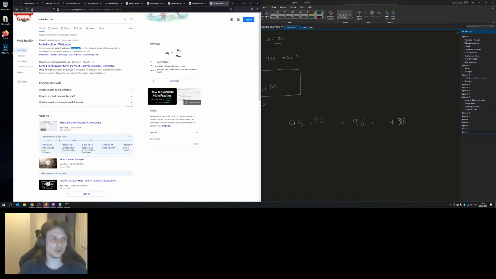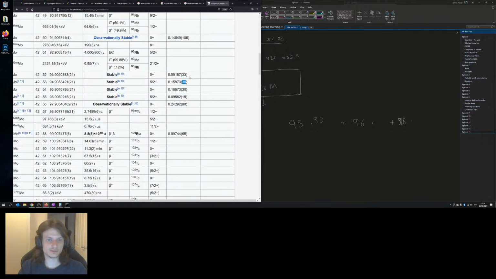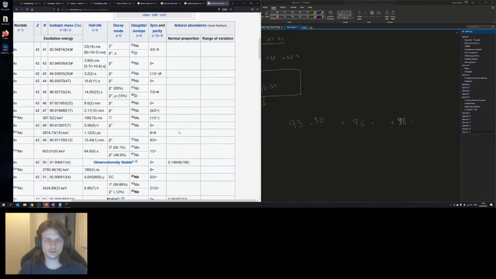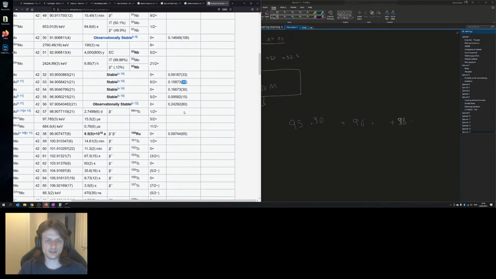A mole fraction or molar fraction is defined as a unit of the amount of a constituent expressed in moles. The mole fraction is equal to the amount of constituent in moles over the total amount of all constituents in moles. Okay, cool, fine. I think this is what this means. Like because there's 30, 60, 90, I mean it can't be right. And yet I'm going to go for it.